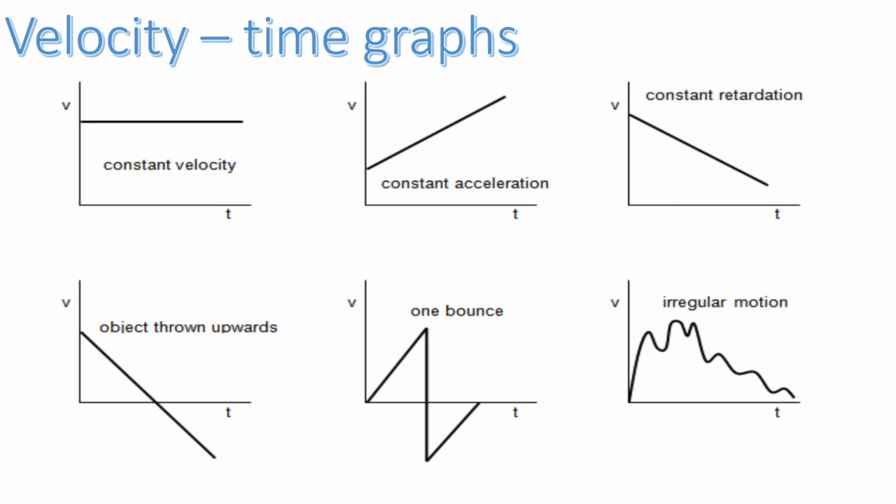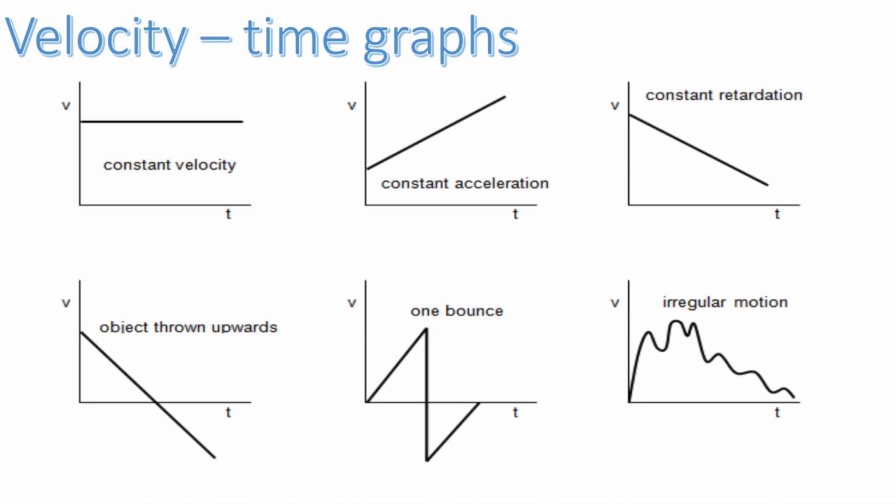Now the fourth graph, bottom left corner. You can see velocity is plotted along the y-axis and time plotted along the x-axis. This graph shows the motion of an object thrown upward. For example, if we are throwing one stone upward, the moment the stone is released from our hand, it possesses some velocity.